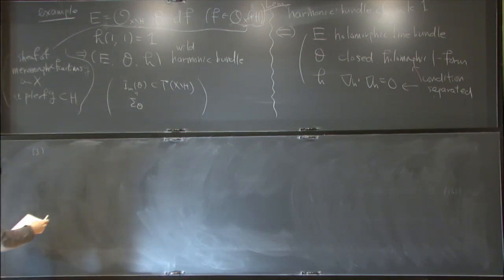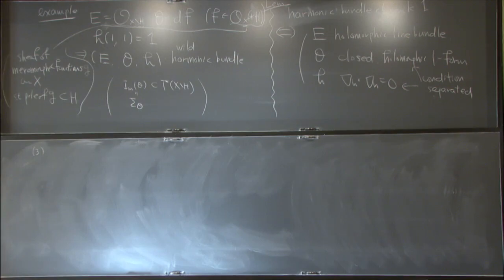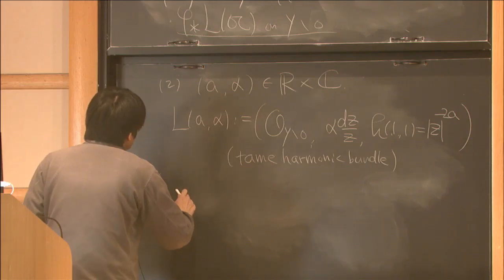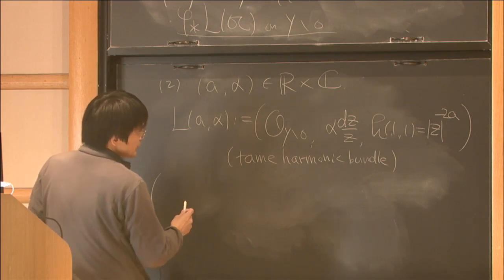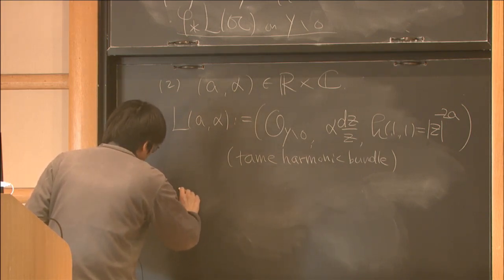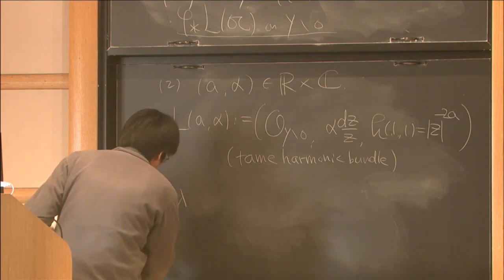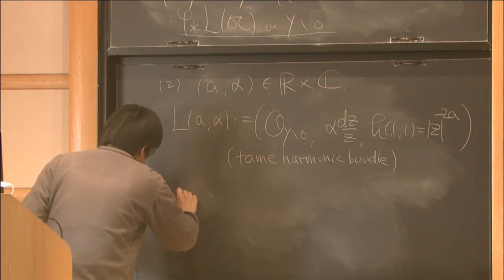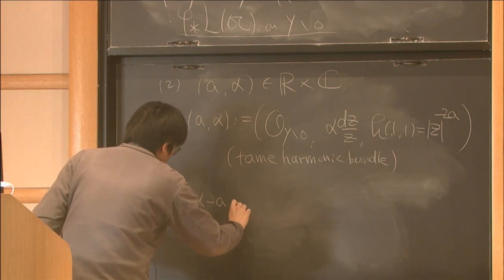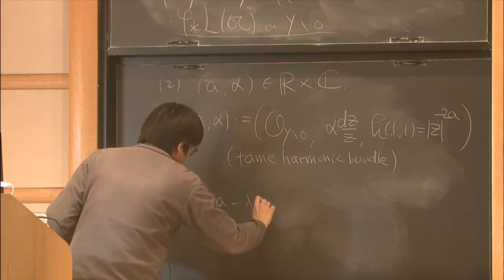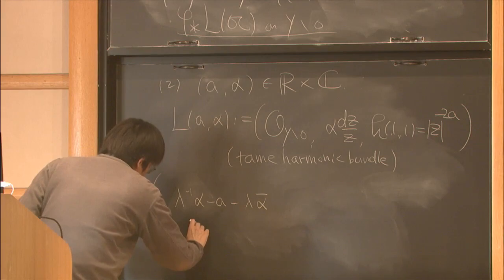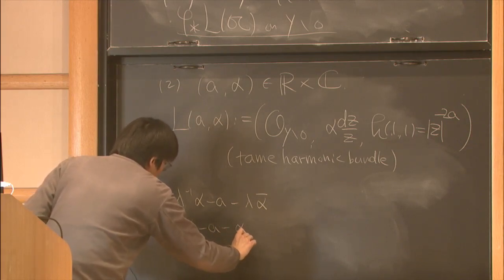Sorry? What is the monodromy of the corresponding flat bundle? In this case, maybe I will explain it later, but in this case the formula is given by alpha lambda inverse alpha minus a minus lambda alpha bar, and lambda equals, in this case, alpha minus a minus alpha bar.